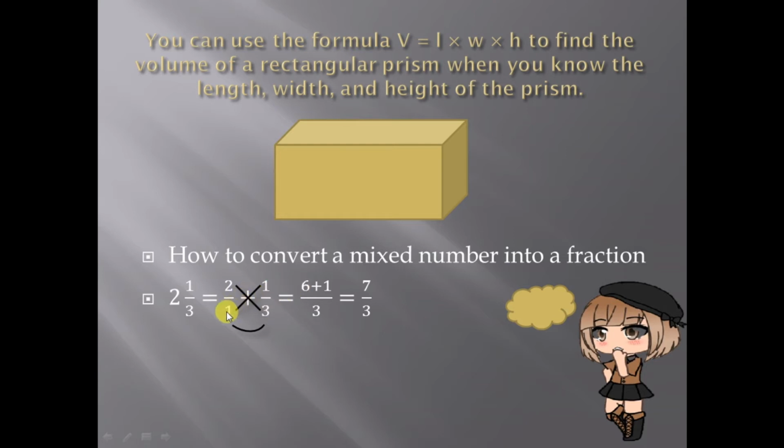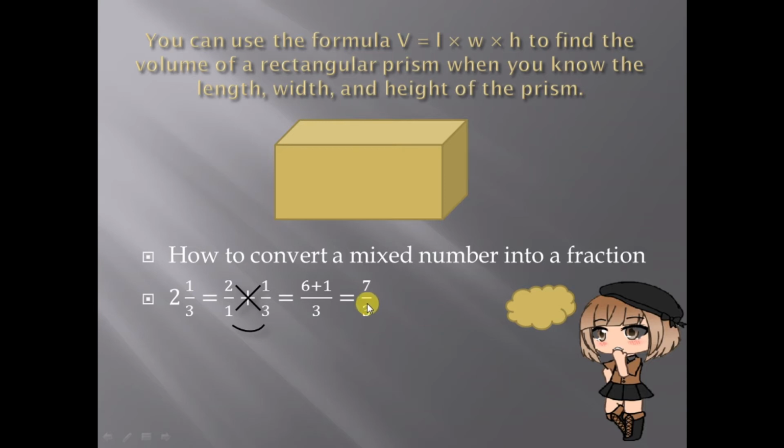And 1 times 1 will give me 1. So that will be the numerator. Now add 6 plus 1, which is equal to 7. And the denominator is 3. So now we converted the mixed number into an improper fraction, but it's okay. It will be 7 over 3.